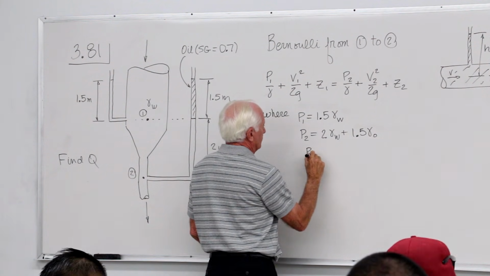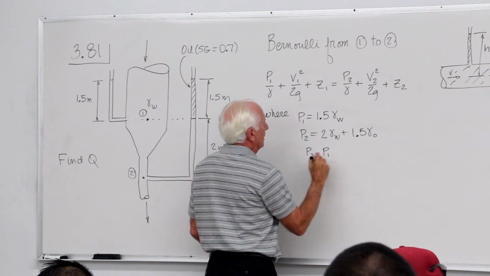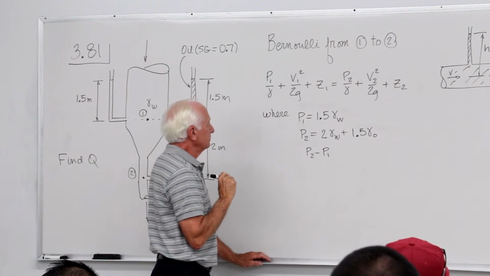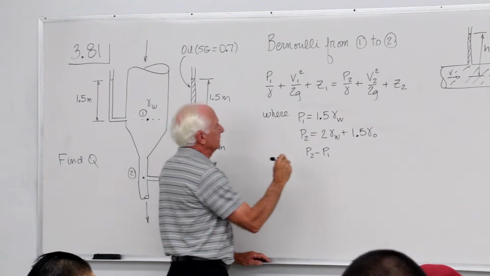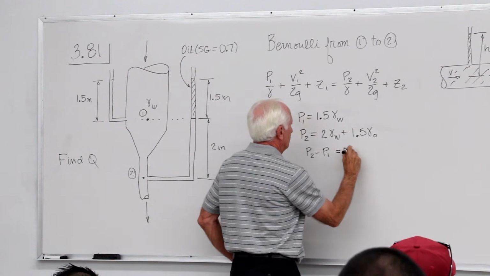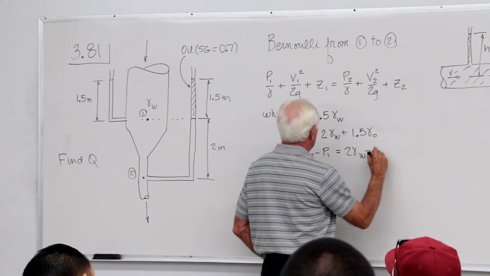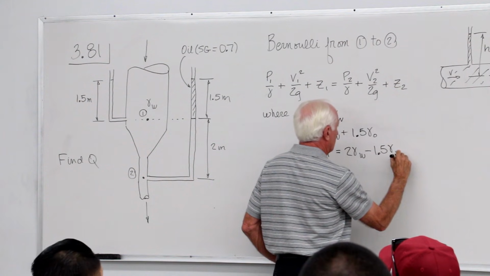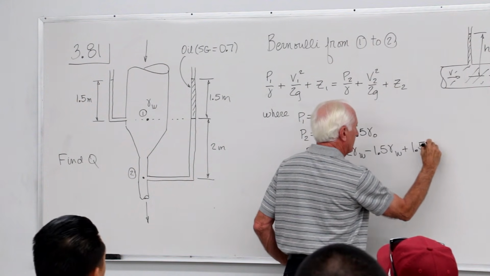So P2 minus P1 is equal to 2 gamma water minus 1.5 gamma water plus 1.5 gamma oil.